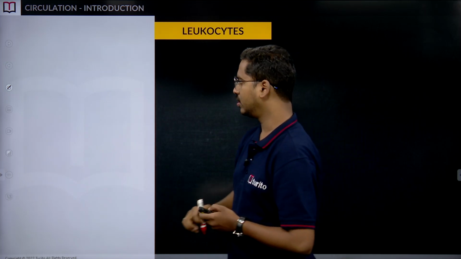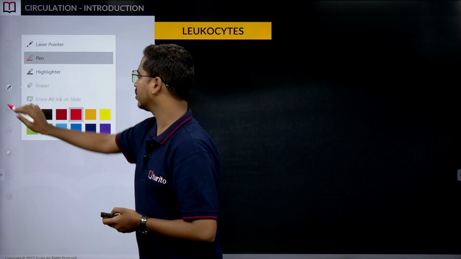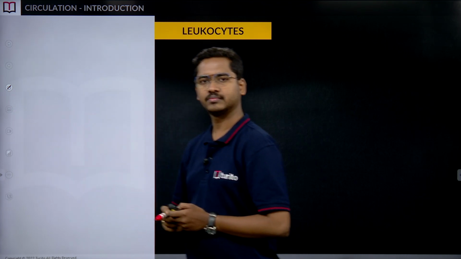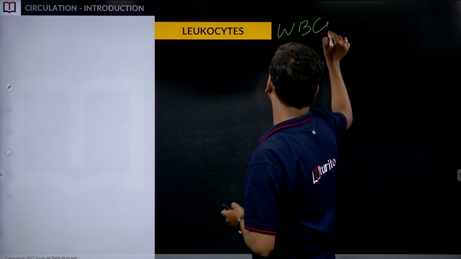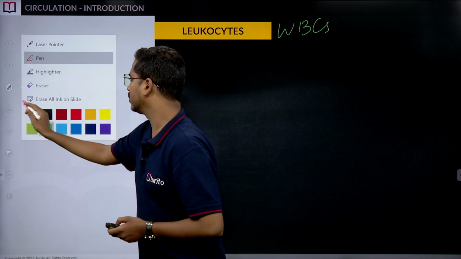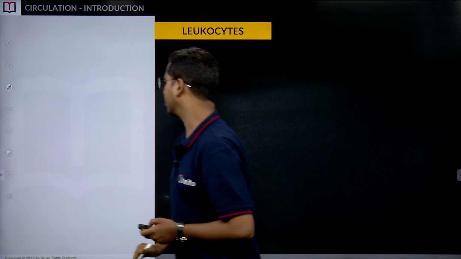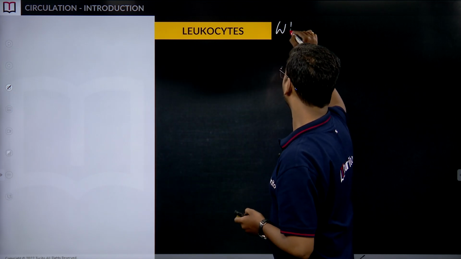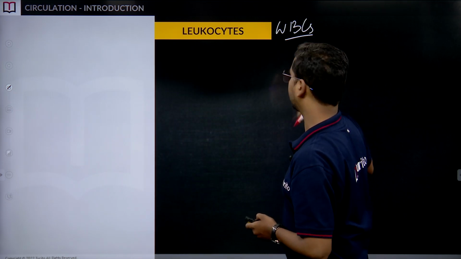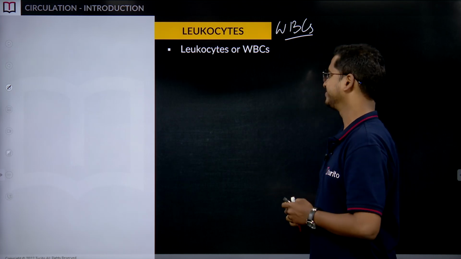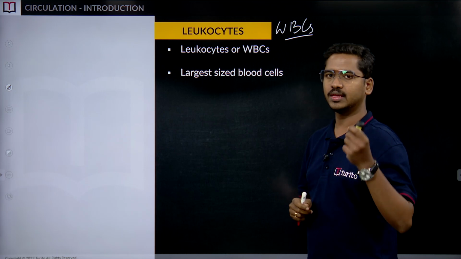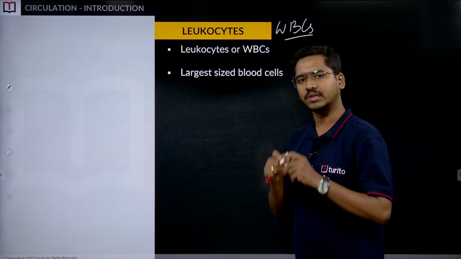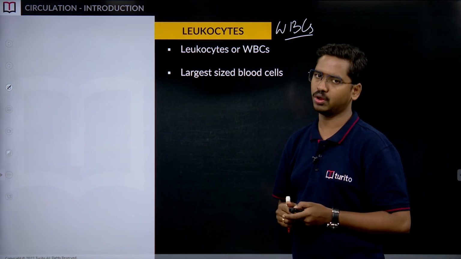Next is leukocytes. Leukocytes means WBCs. We are going to understand about WBCs, it is quite simple. White blood cells, white in color. Leukocytes, WBCs, are the blood cells which have the largest size among all.